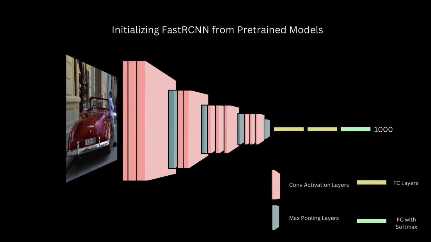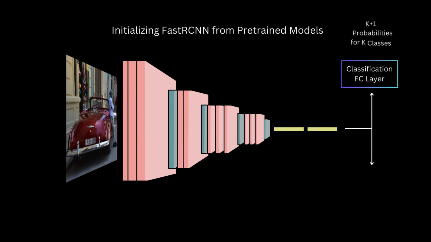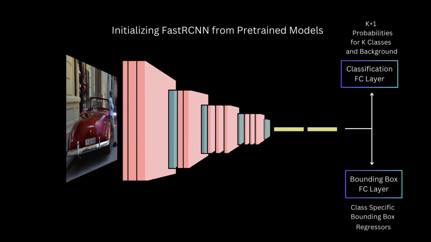For using a pre-trained classification model, the authors replace the final FC layer with 2 branches of detection: classification and localization, just like we saw earlier. Now comes the ROI pooling part. What the authors do is they remove the last max pooling layer and instead add a ROI pooling layer with the same output size as that of the max pooling layer.